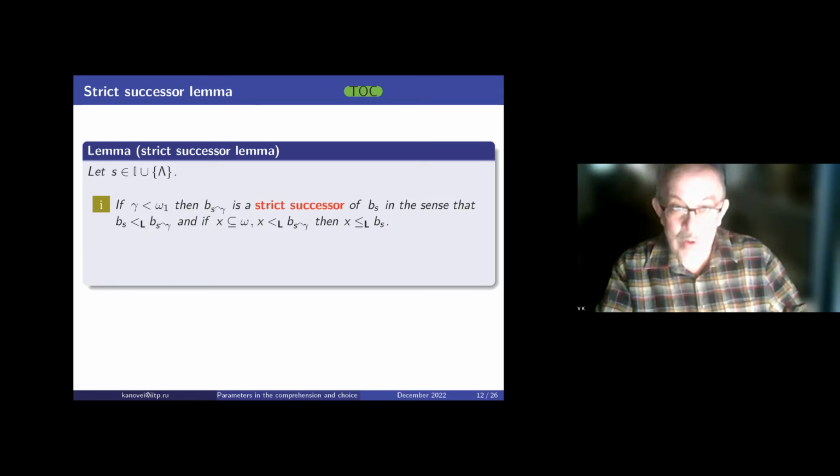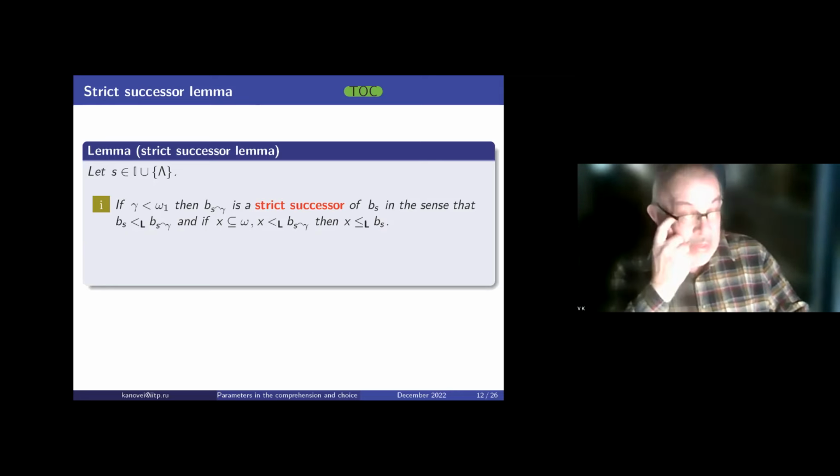And moreover, if any real is strictly smaller than this B sub S extended by gamma, then it is non-strictly smaller than B with the original index.